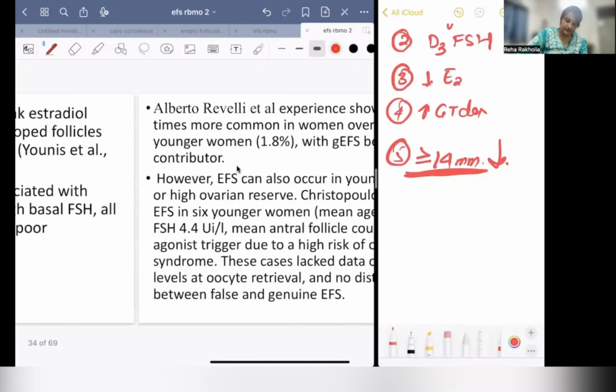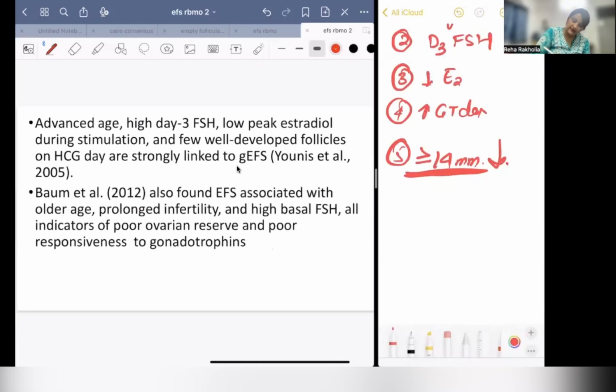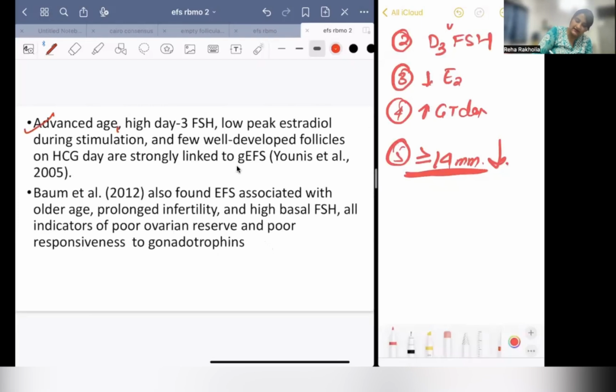Advanced age, high day 3 FSH, low peak estradiol, and few well-developed follicles are strongly linked to genuine empty follicular syndrome. This was shown by Eunice et al.